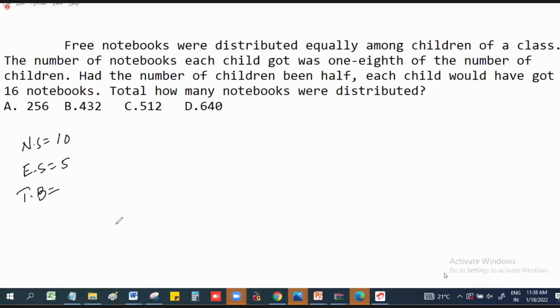Guys, I'm so sorry. The total number of books will become 50. Yes or no?